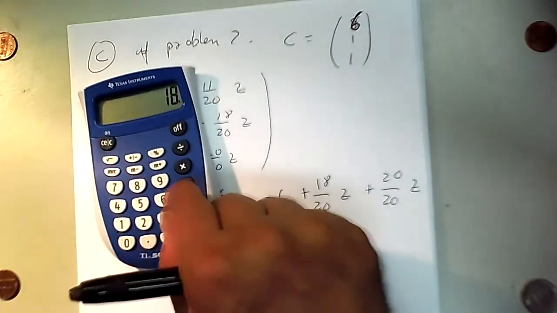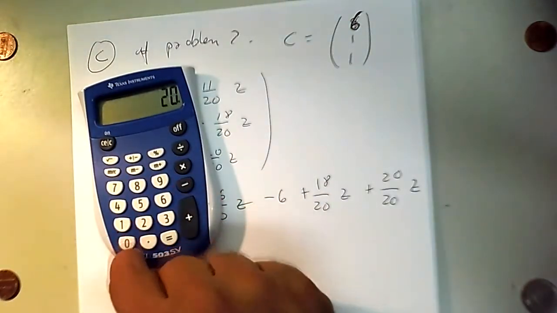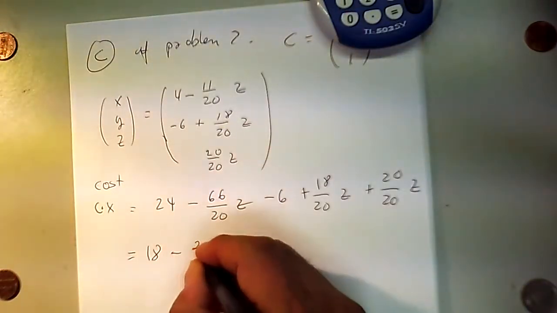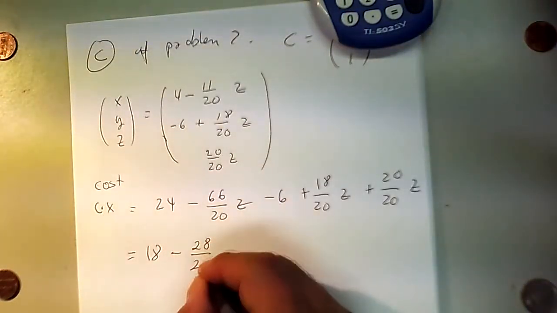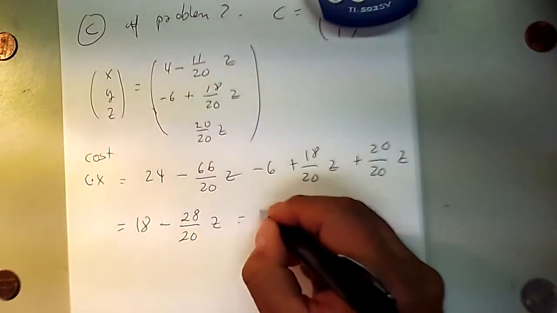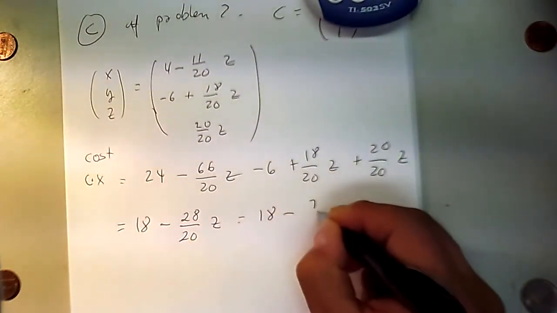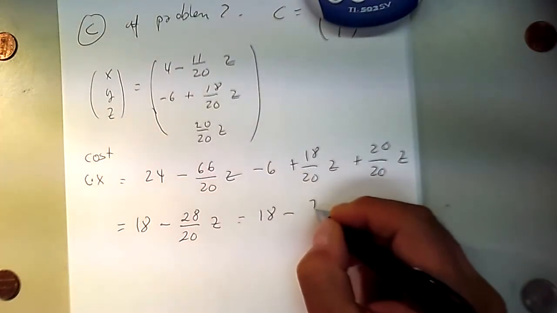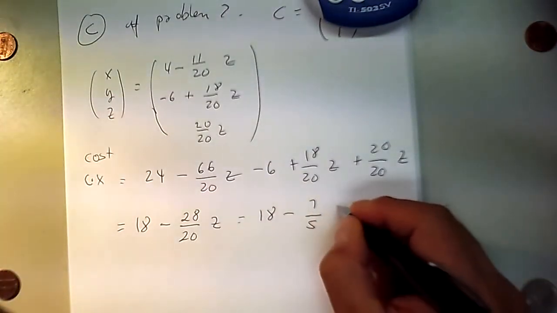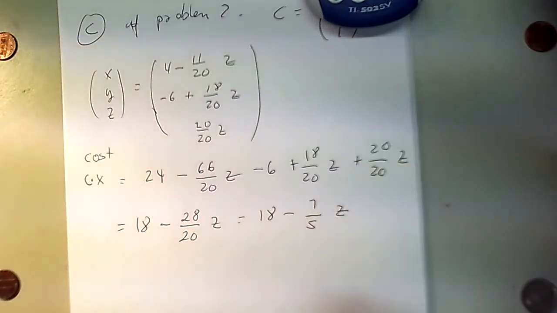Minus 18 minus 20, negative 28, if I'm not mistaken, negative 28 over 20z. Of course, we want to simplify that. 18 minus 7 over 5, or 1.4z.